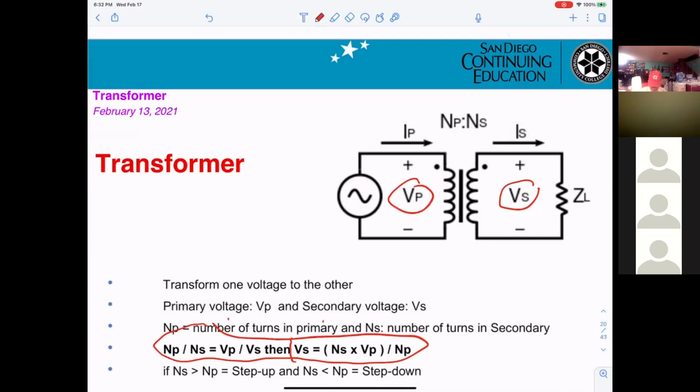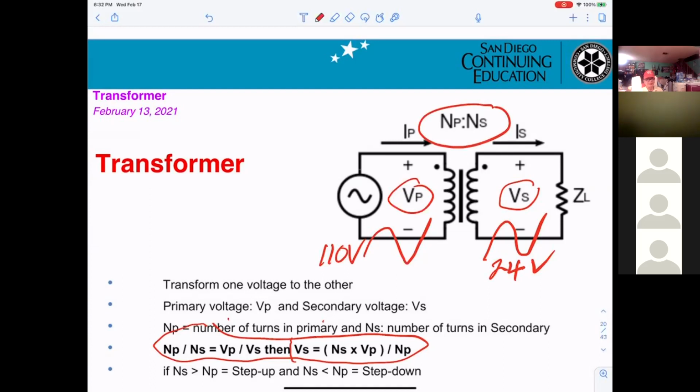So if you get a sine wave here, you will get a sine wave on the other side, and the voltage will be bigger or smaller. I'll give you an example. You get 110 volt here, and you get 24 volt here, depending on the ratio of NP and NS.